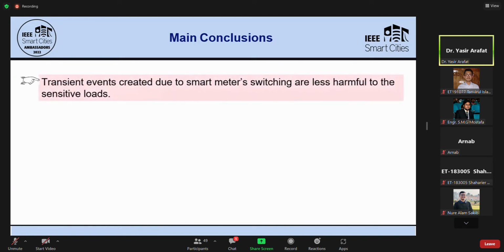So we have seen that transient events that were created due to smart meter switching are less harmful to the sensitive loads because the duration of the transient events was not that long. It was very short, and from the reference from some articles, we have seen that transient events of very short duration are not harmful for the devices.